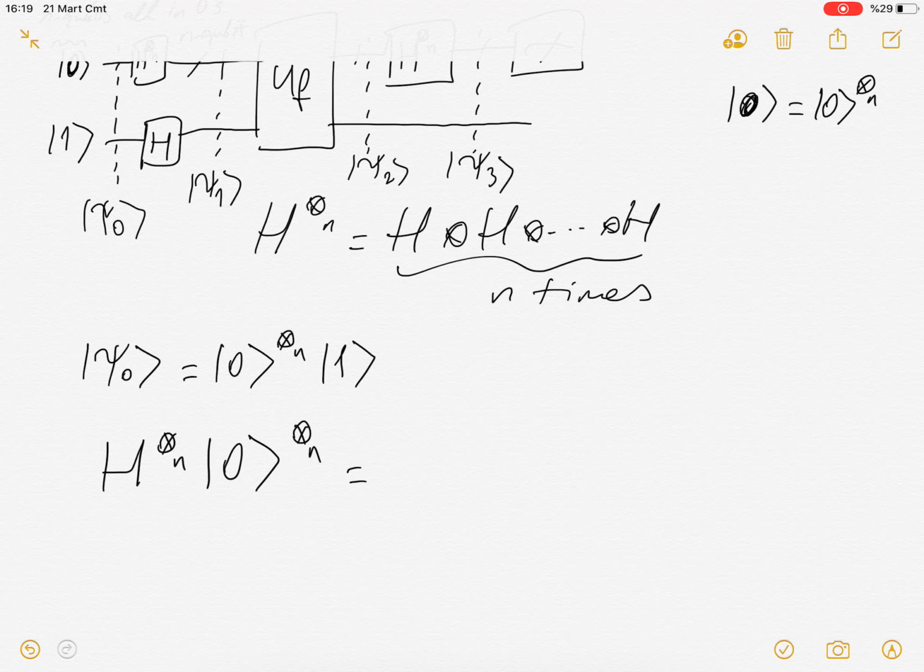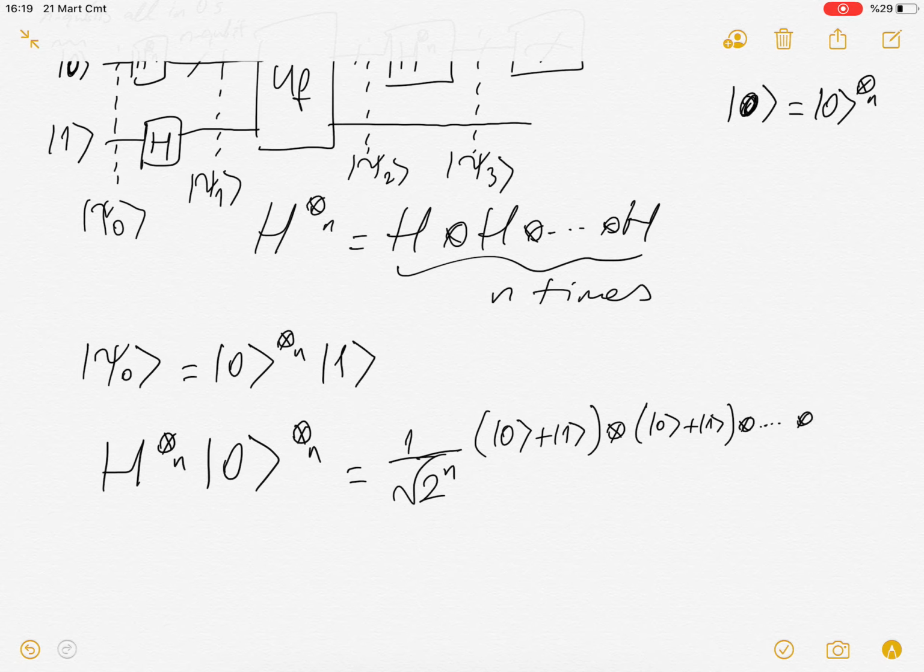So it's going to produce all 0, 1 strings. If you distribute these, you get all strings of zeros and ones, n times.